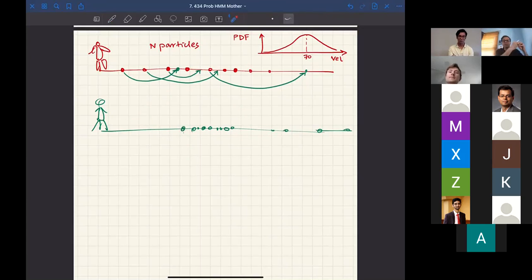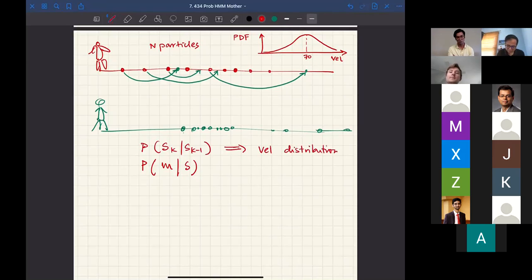So after I have propagated the velocity with this velocity distribution and then done a measurement, meaning after I have done P(m given s), and I've also done P(s_k given s_{k-1}). This is basically from the velocity distribution. And this is from the measurement.